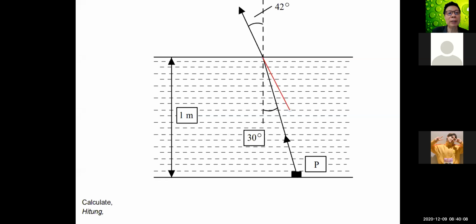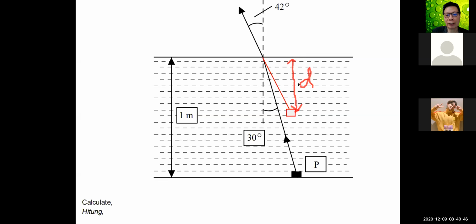So the image is somewhere here. So the apparent depth is here. You are going to find this one later on. Apparent depth, small d I put. Real depth is here. Apparent depth is here.